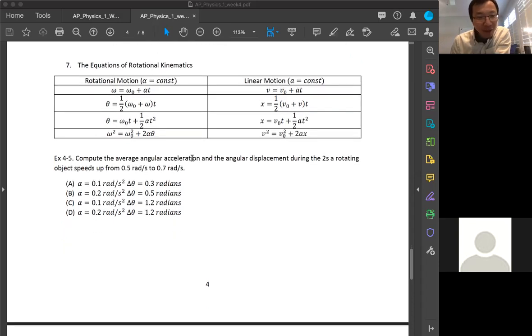All right. So let's try some examples using the equations shown above to answer the first question here, number 5.